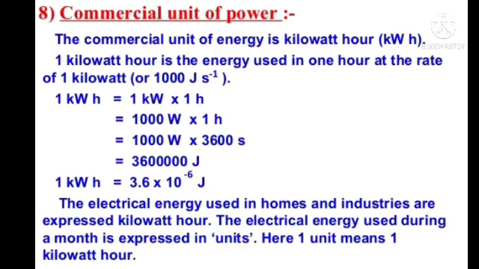The electrical energy used in homes and industries is expressed in kilowatt hour. The electrical energy used during a month is expressed in units. Here, 1 unit means 1 kilowatt hour.